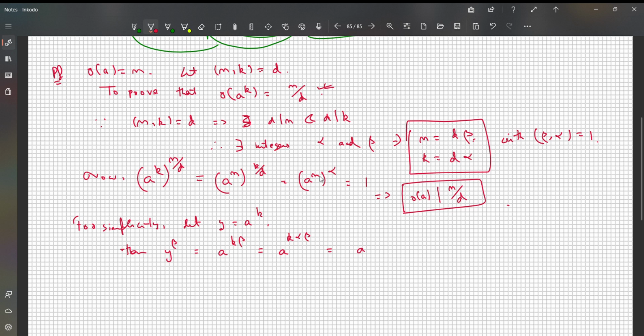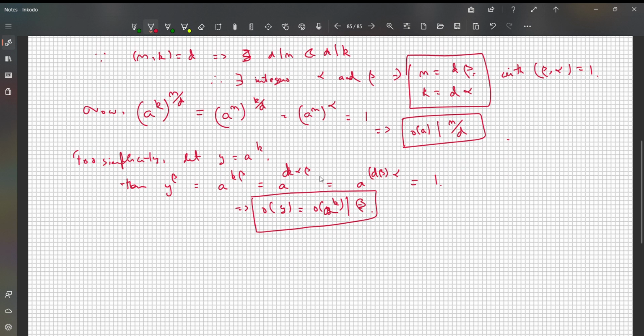But obviously you can associate and commute, so you can write it as a to the power d beta alpha, right? That is basically 1 again. Okay? So that means the order of y, that is, the order of a to the power k, divides beta, right? This is one more fact we have achieved, right? Clear? Okay.